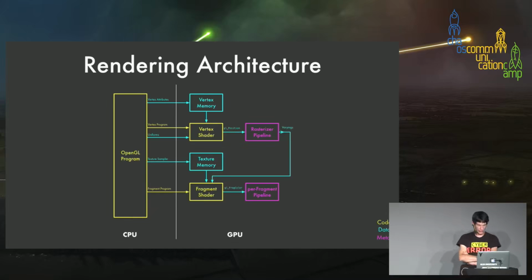There are lots of rules, but ultimately you end up with a bunch of fragments that then are passed into your fragment shader. And the fragment shader takes those fragments, also accesses the textures in texture memory, and then writes basically color values into the fragment pipeline. And afterwards, the stuff that you draw pops out in your frame buffer, shows up on your screen, and you see what you've done.